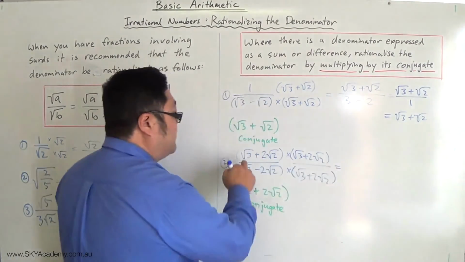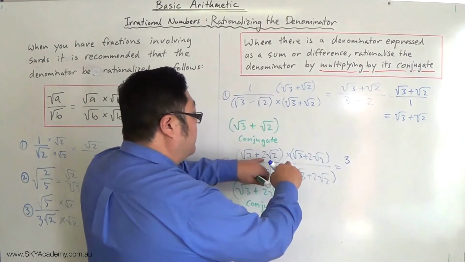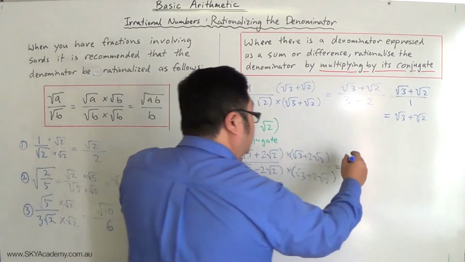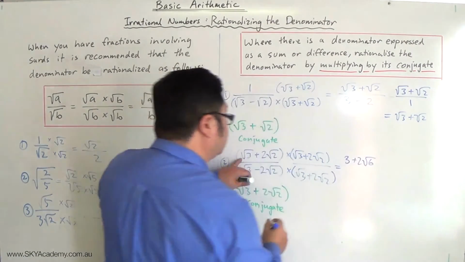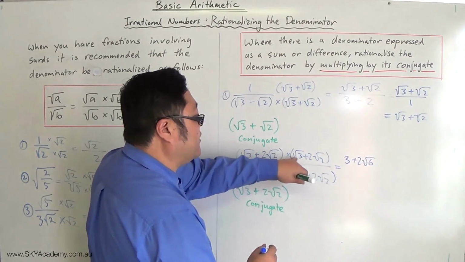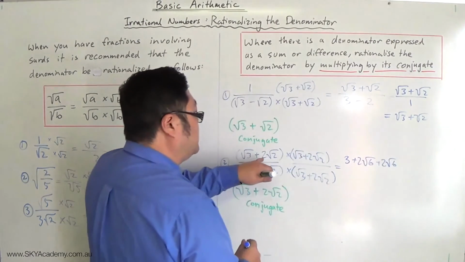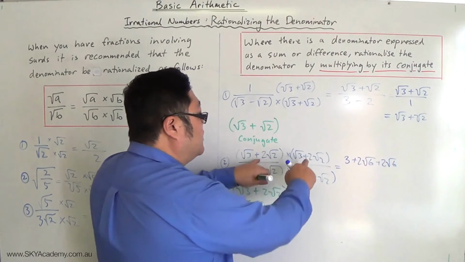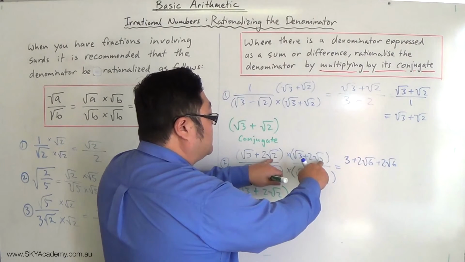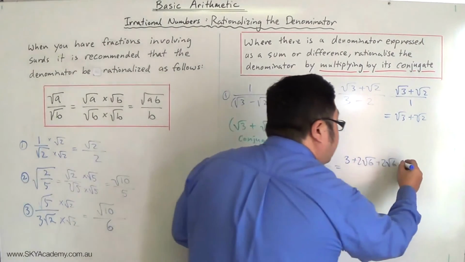When you do that, the square root of 3 times the square root of 3 would be 3. The square root of 3 times 2 root 2 would be 2 root 6. The square root of 2 root 3 times 2 root 2 times the square root of 3 would be 2 root 6 again. And 2 root 2 times 2 root 2: 2 times 2 is 4 times the square root of 2 squared would be 2. So 4 times 2 would be 8.